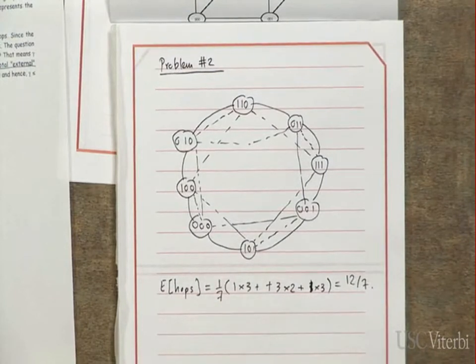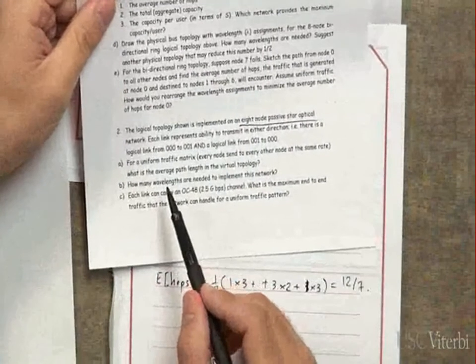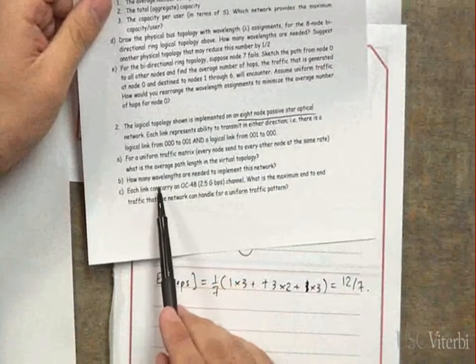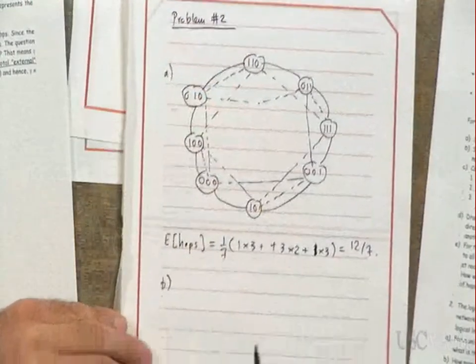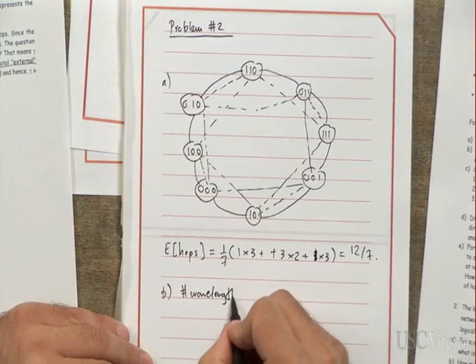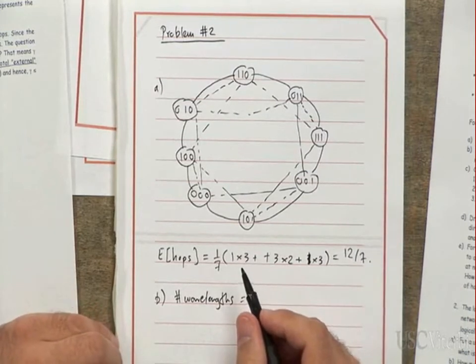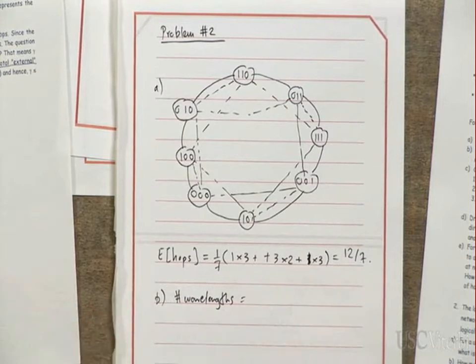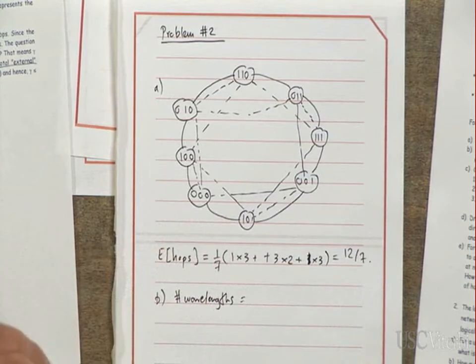Now, what is the number of wavelengths we need to support this connectivity? How many wavelengths are needed to implement this network? How many edges do we have? It's not 8, it's 12, right? Not nodes. How many connections? 12.